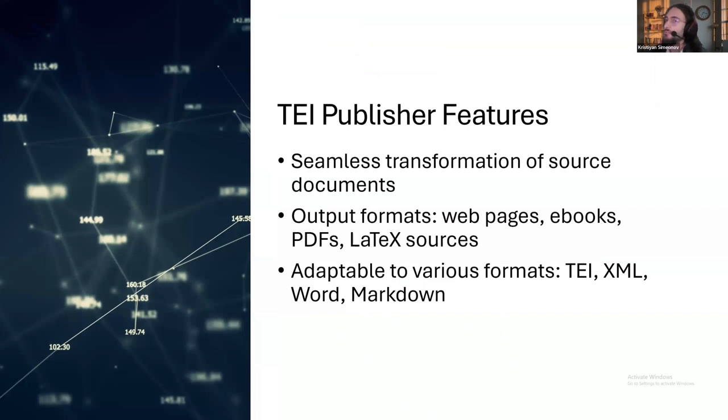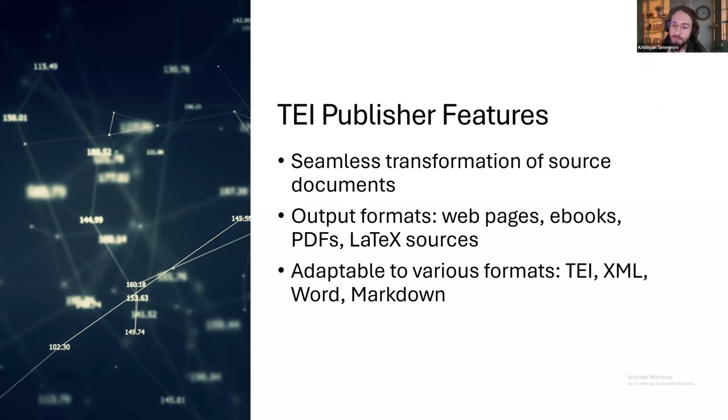Let's talk about the features of TEI Publisher. It all starts with your source documents, regardless if they're in TEI or other forms of XML, like DocBook. You can use textual data, which is in MS Doc as well, and JATS.